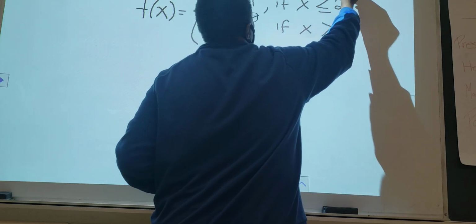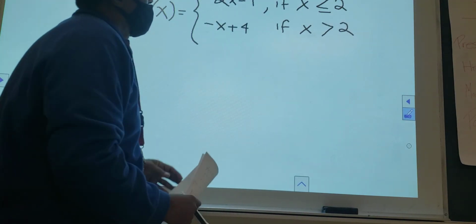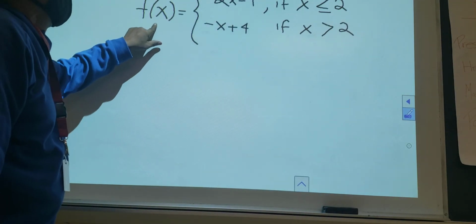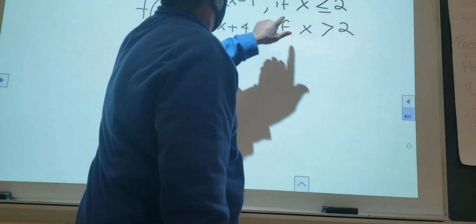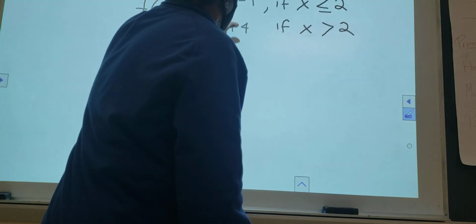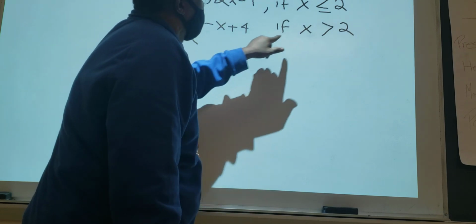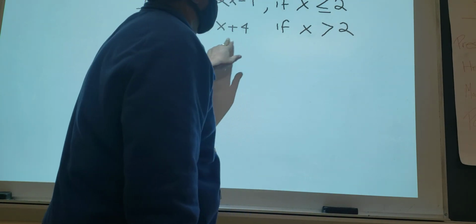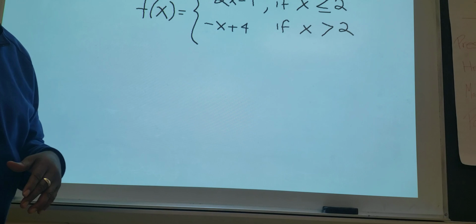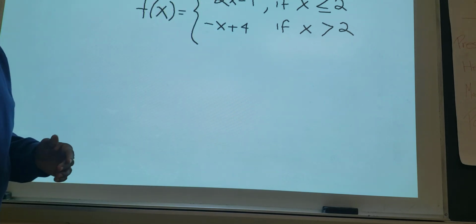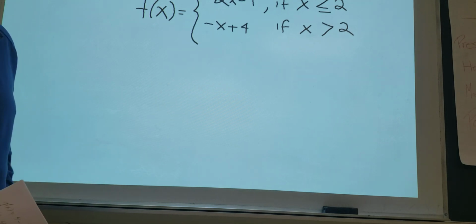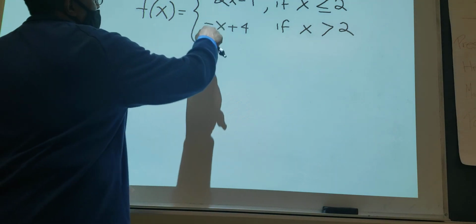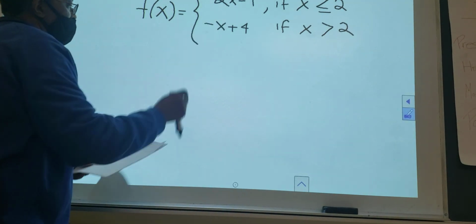This says that if you plug in input x, if it's less than or equal to 2, then this is the function that you use. And if you plug in x and it's greater than 2, then this is the function that you use. So you basically have two functions in one. You can actually separate these functions, but the reason why they're called piecewise functions is you can have 2, 3, 4, 5 functions in one function.